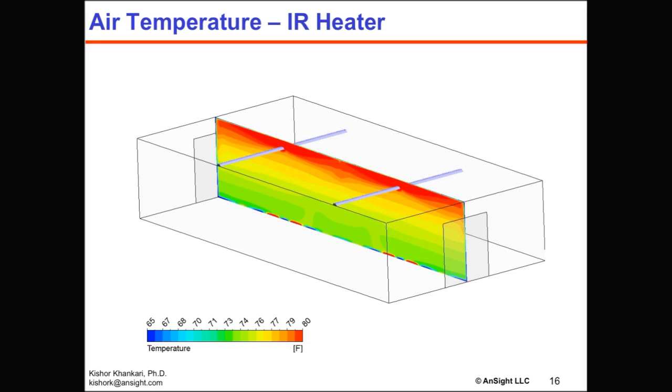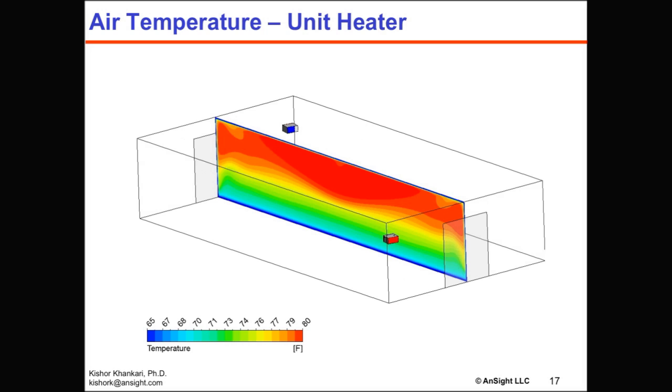So red is hot and blue is cold, okay? So what you are seeing here, importantly, is that green color, which is between 70 to 75, 72 degrees Fahrenheit. And note near the floor, you don't see any blue color there, okay?